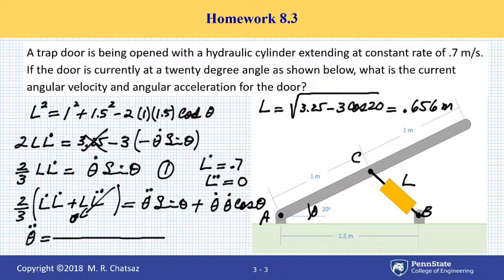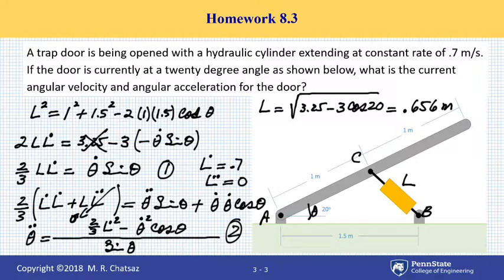Theta double dot is going to be a fraction whose denominator is sine of theta, whose numerator is 2/3 of L dot squared minus theta dot squared times cosine of theta. I label this as equation number 2.